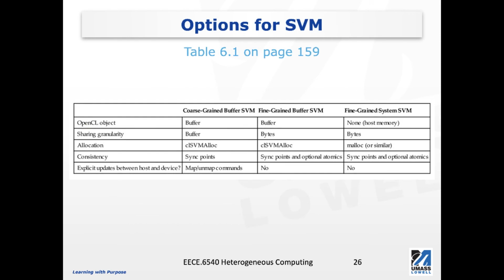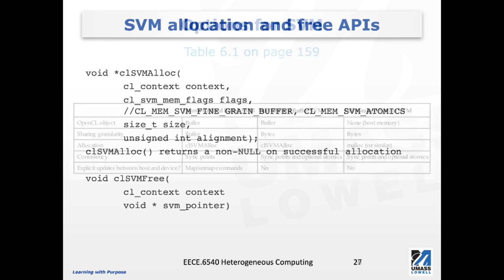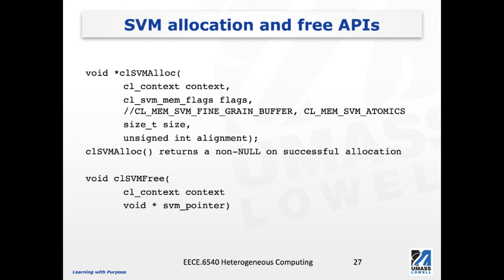There are some detailed options of shared virtual memory at different granularities, and their OpenCL objects, allocation methods, and consistency models are slightly different. If you're interested, you can refer to section 6.1 on page 159. This is an example of doing shared virtual memory allocation.